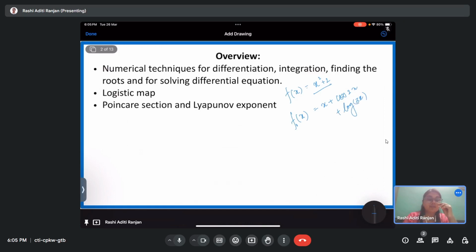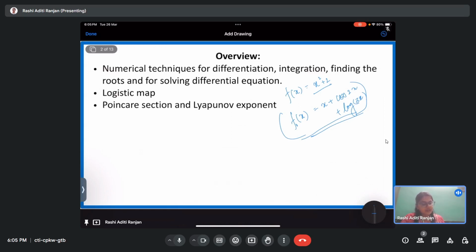Finding the root of this equation is a difficult task for me, right? So in this case, I use a numerical technique in order to find the roots. That is why knowing about numerical techniques is important.